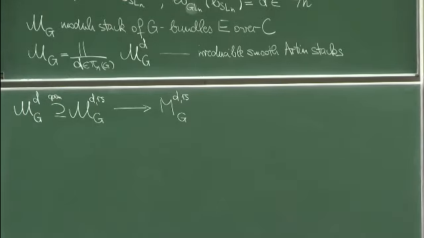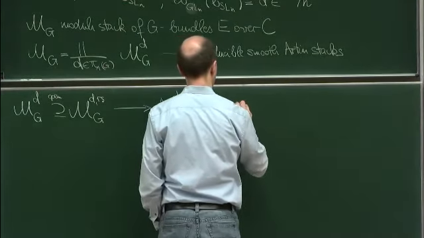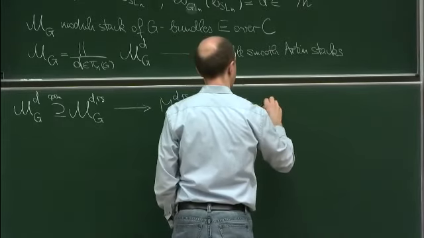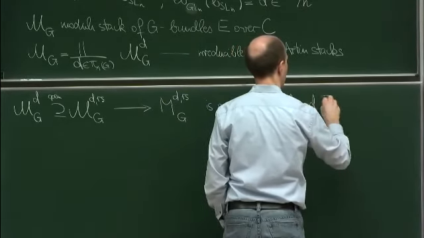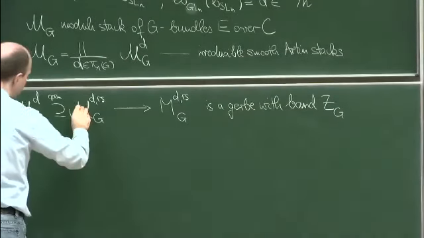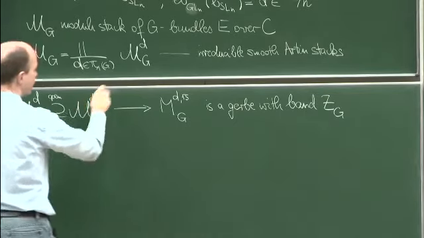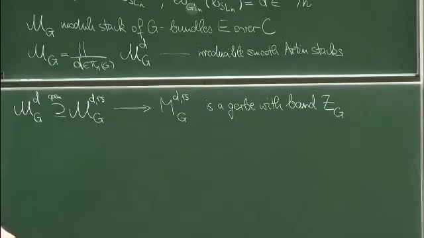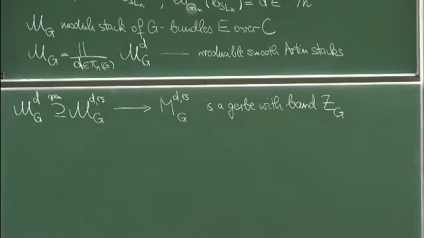What it's called is a gerbe. People say with band Z_G, which just means that in the stack all the objects have Z_G automorphism group, and that is still encoded in that. Otherwise this is a locally trivial fibration in a sufficiently fine topology, say the étale topology.